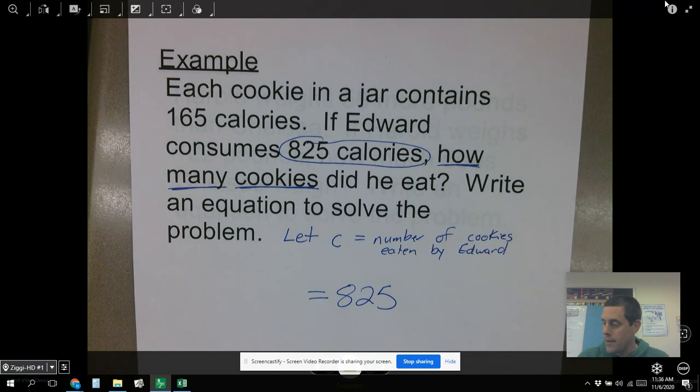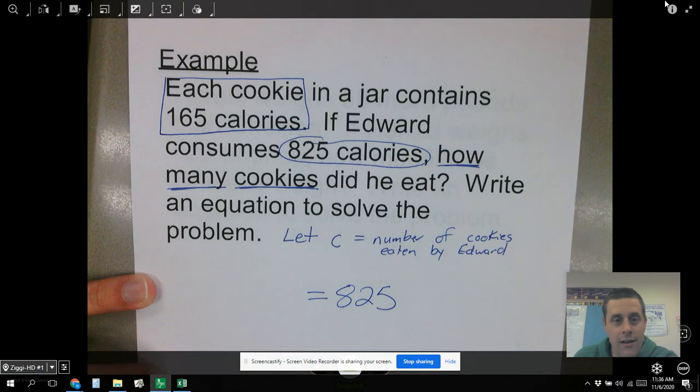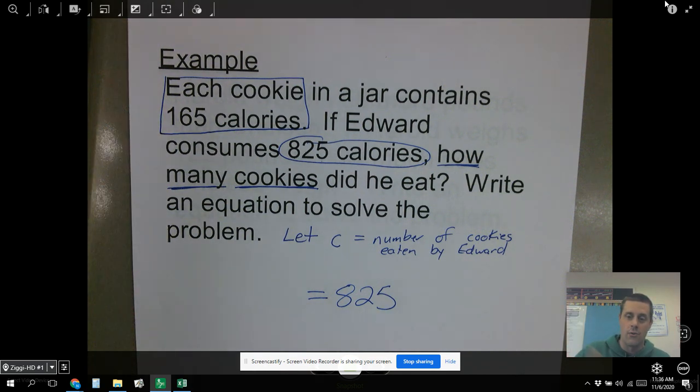Our final step is to take our variable C, the number of cookies that Edward ate, and determine what mathematical calculation will be used to get a total of 825 calories consumed. I know that each cookie contains 165 calories. So one cookie would be 165 calories. Another cookie is another 165.